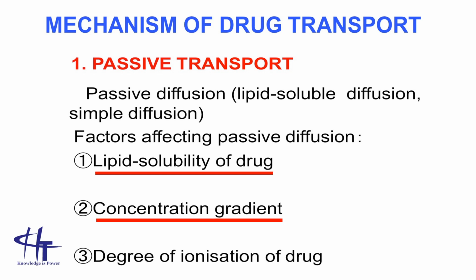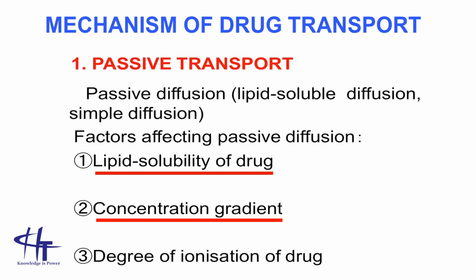If there is a steep concentration gradient, or if the concentration gradient is maintained, then the drug will keep on moving from where it is highly concentrated to where it is low. However, if we have maybe equal amounts of the drug outside and inside, and the concentration gradient is no longer there, then you'll have this drug stop moving.